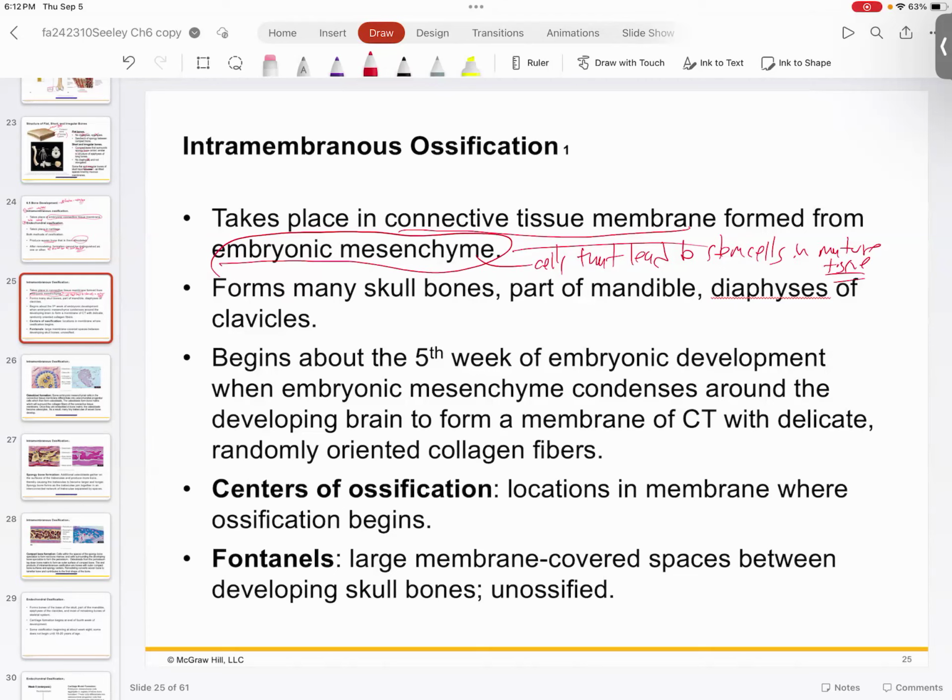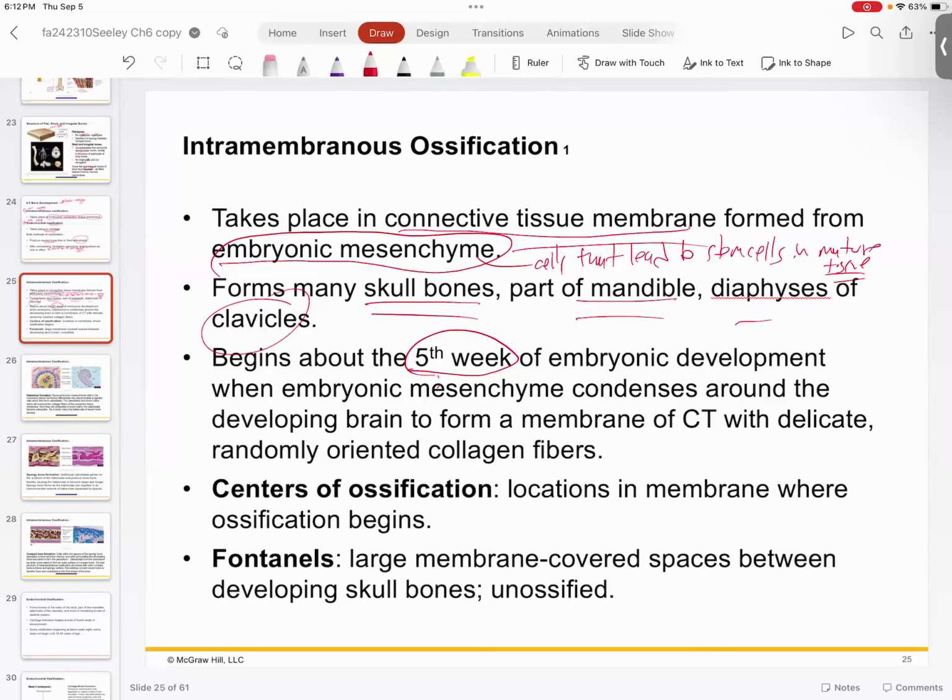So this particular pattern will form a lot of skull bones, so the flat bones, the mandible, and the diaphysis of the clavicles. So it's a little bit different there in terms of diaphysis of the femur and the humerus. Generally speaking, intramembranous ossification is kicking in around the 5th week of embryonic development.